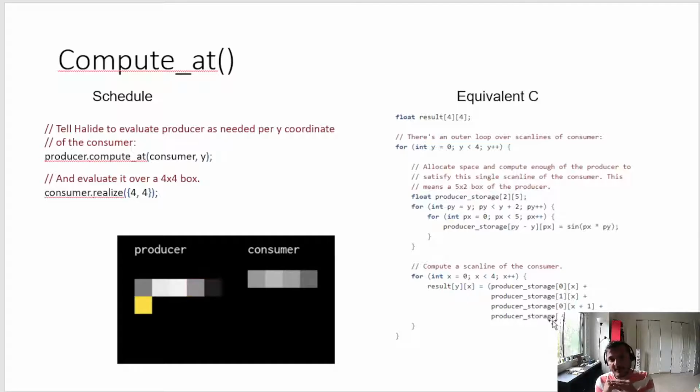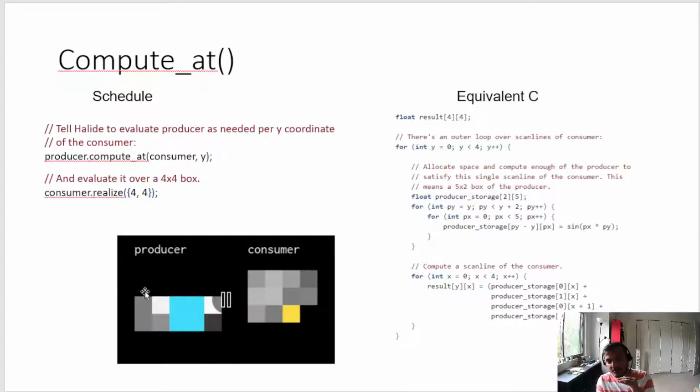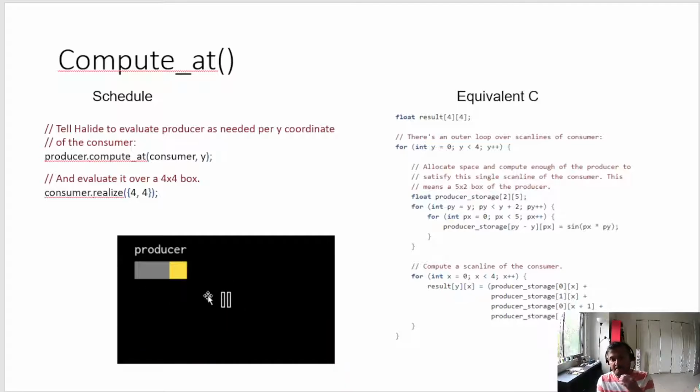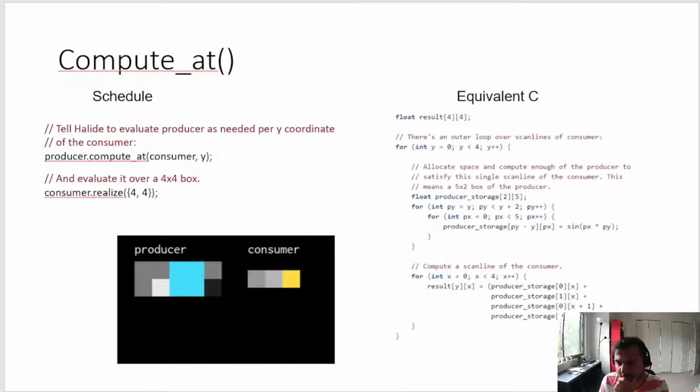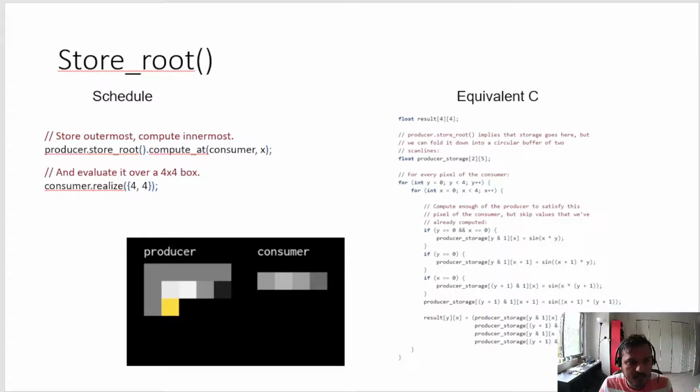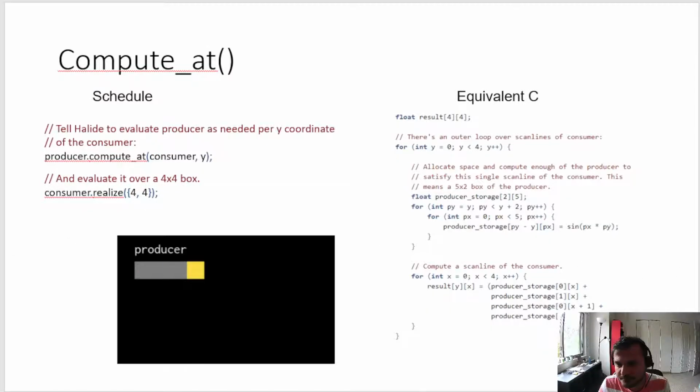But then for each y, we had to compute the whole two lines of my producer. Hmm. Let's see. Give me a moment to think about it. Right. So, give me one sec.